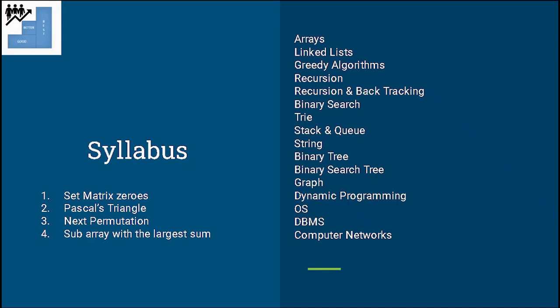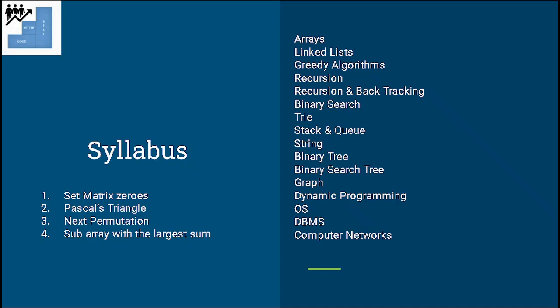So setting matrix zeros, the question was identify all the elements with a particular characteristic and then make all the elements of the row and the column in which that element is lying to zeros. The second question was making Pascal's triangle.